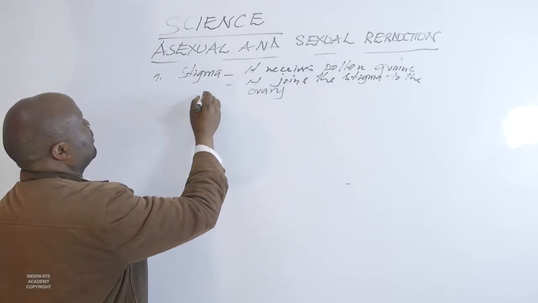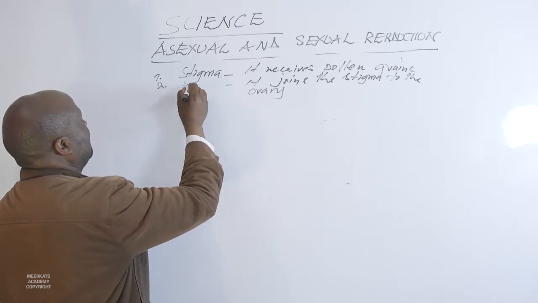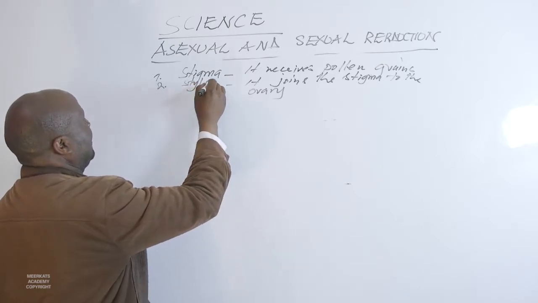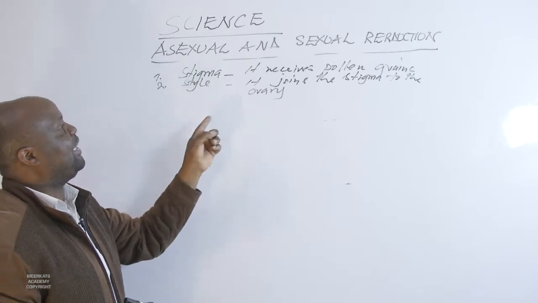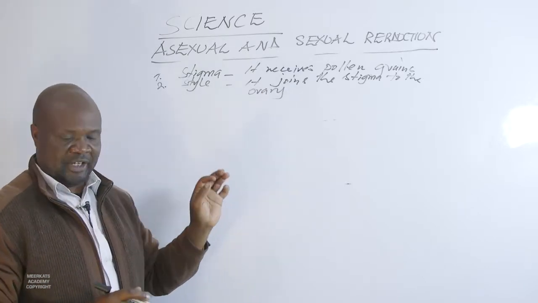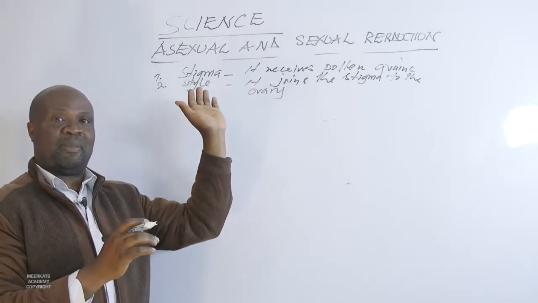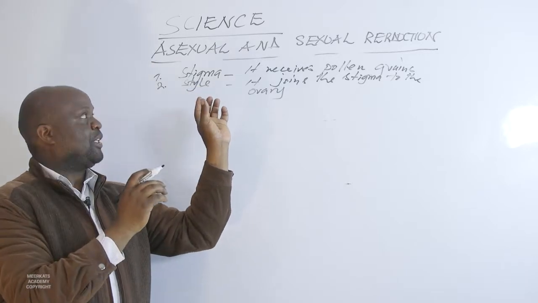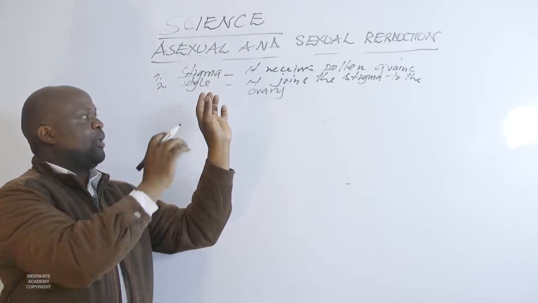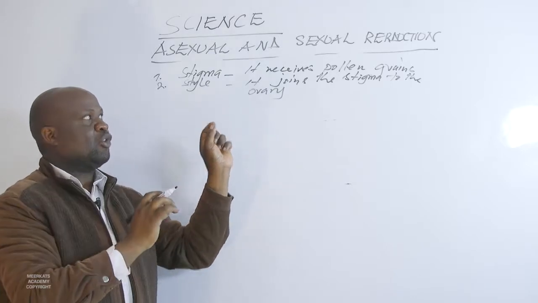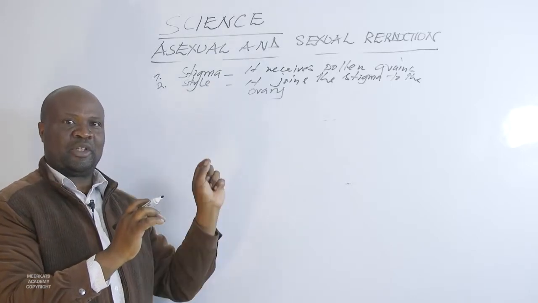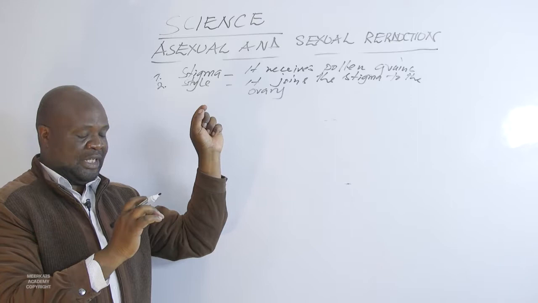Then we can go to the style, that's two. We are saying the style joins the stigma to the ovary. Those who can remember, the stigma is up there, and it is sticky. When it receives the pollen grain from the anther, there's that connection, a small tube-like stalk that connects it to the ovary.